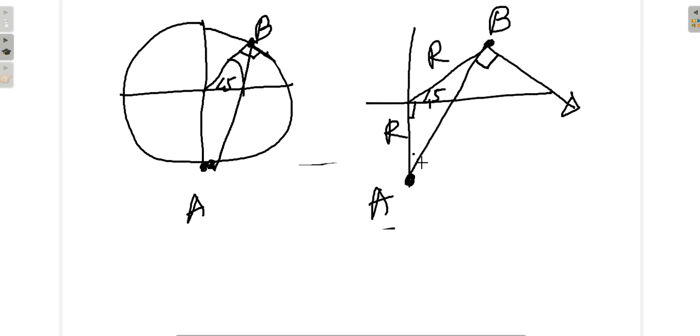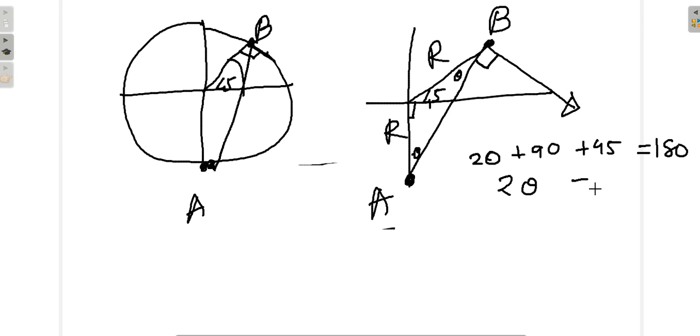These two angles have to be the same because this triangle is an isosceles triangle. So suppose this angle is theta, this angle is also theta, then 2 theta plus 90 plus 45 will have to be equal to 180, and that gives me 2 theta as 45, and that gives me theta as 22.5.